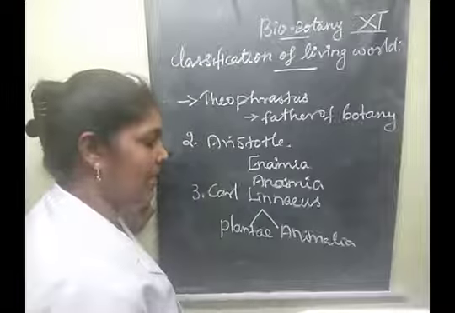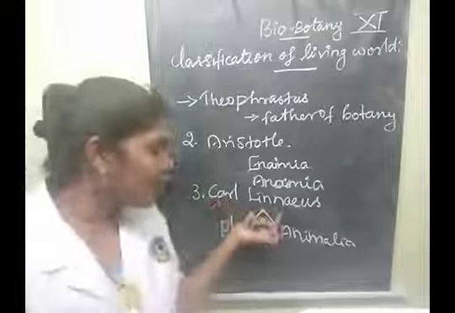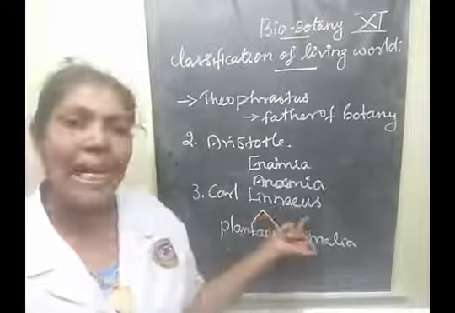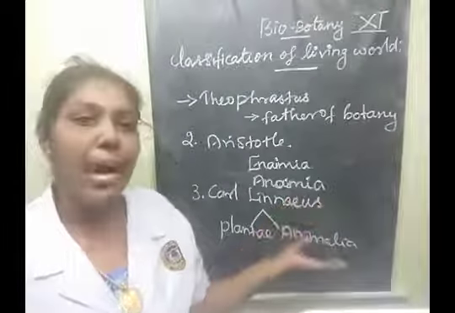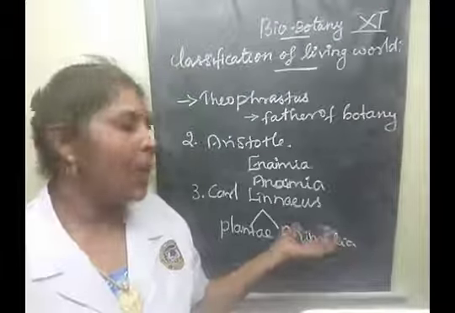Are you understood, children? This taxonomist, Carolus Linnaeus, his classification has certain drawbacks. What are the points?